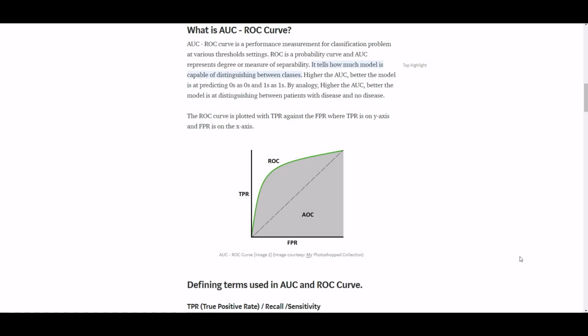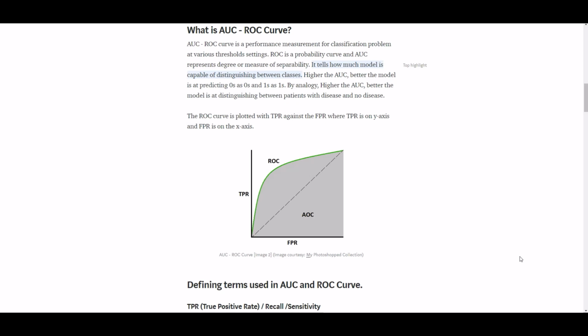So next we're going to calculate the area under the curve for the ROC curve. And this is a very popular measure to evaluate the utility of a logistic regression model, to see how good of a job the model is doing in distinguishing the two different classes of a binary response variable. Okay, so basically, how good of a job it does to predict zeros as zeros and ones as ones, or no's as no's and yeses as yeses.